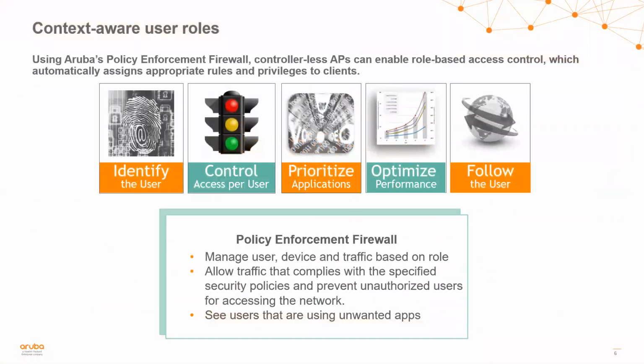Let's get right into it. First of all, let's talk about the PEF, or Policy Enforcement Module, which basically allows controllerless access points to enable role-based access control and automatically assign appropriate rules and privileges to clients. So a client attaching to an Aruba network can associate with a user role, which is going to determine what network privileges they have. Those privileges can be defined inside of firewall policies.